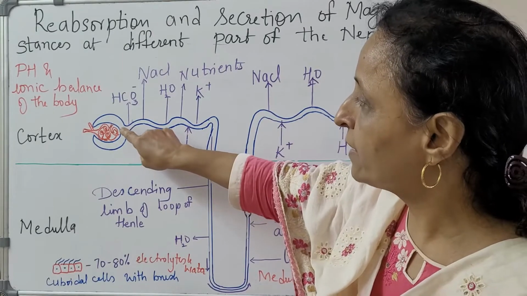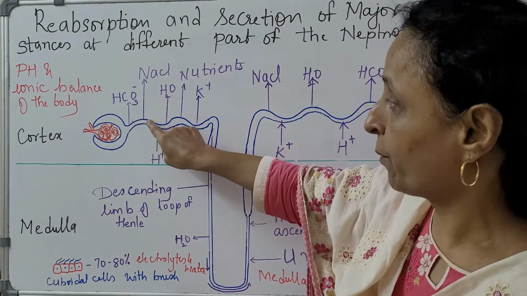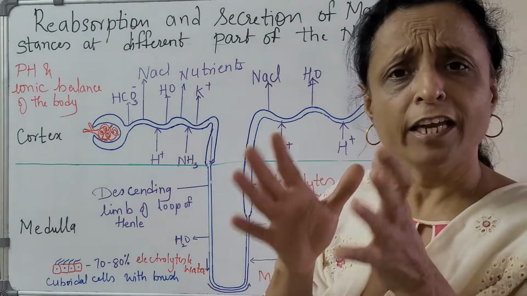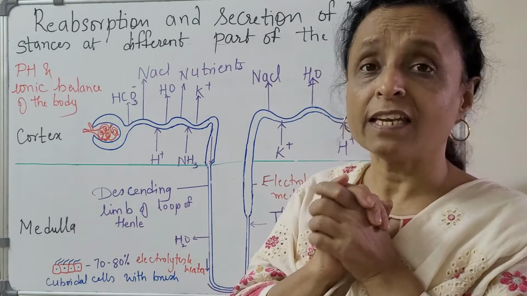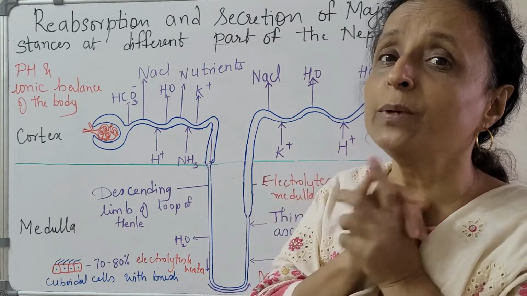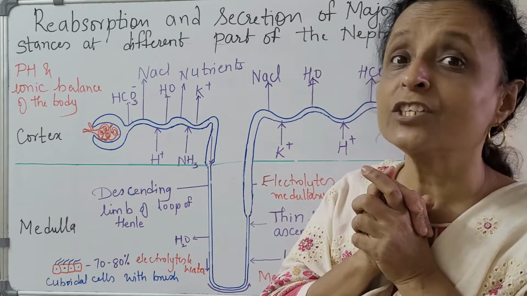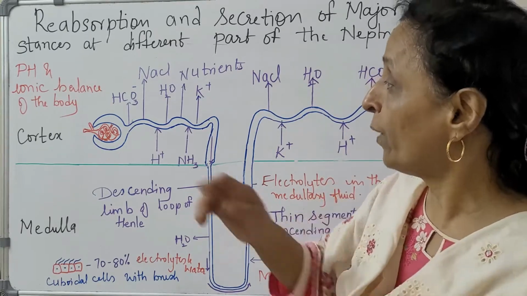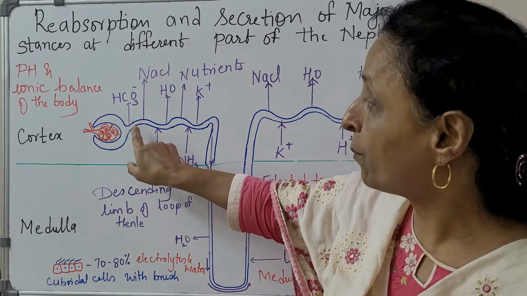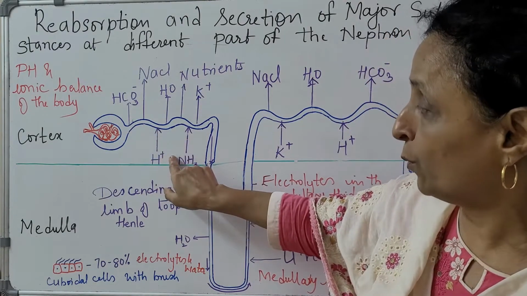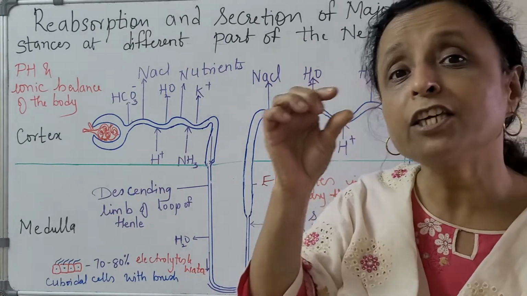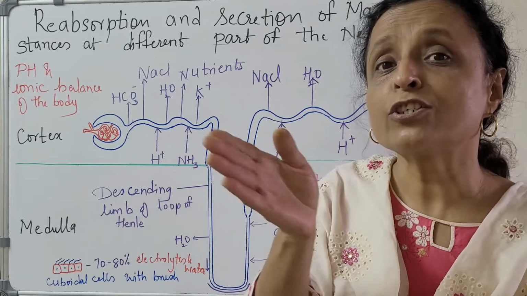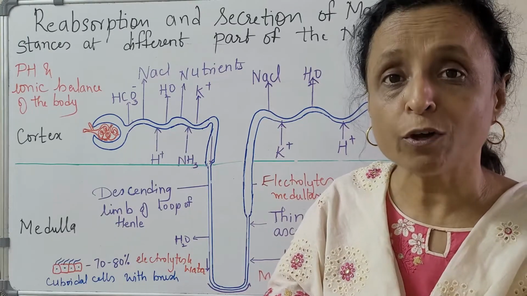So here, as the filtrate has come into the proximal convoluted tubule, what will happen? Now reabsorption will take place, and in addition to that, secretion will take place to maintain the pH and the ionic balance of the body fluid. This proximal convoluted tubule is lined by cuboidal cells, cube-like cells, which have hair-like structures to increase the area of absorption.